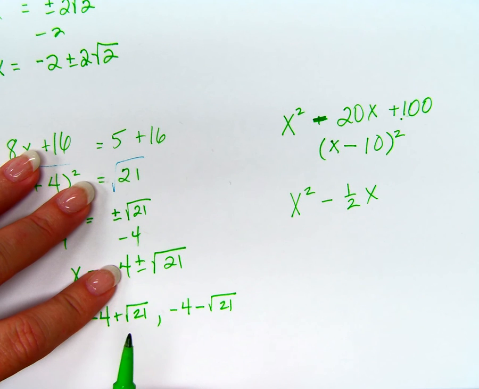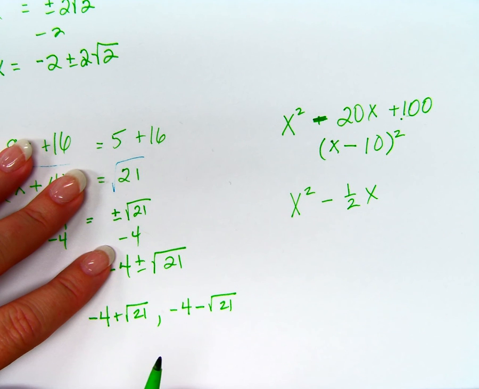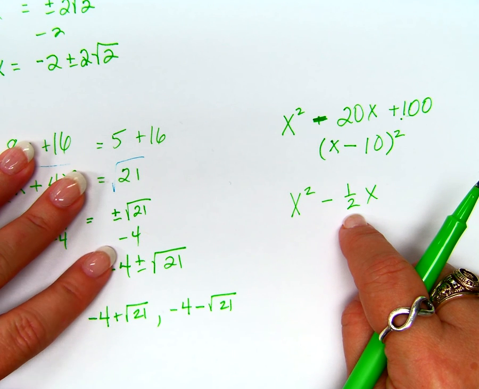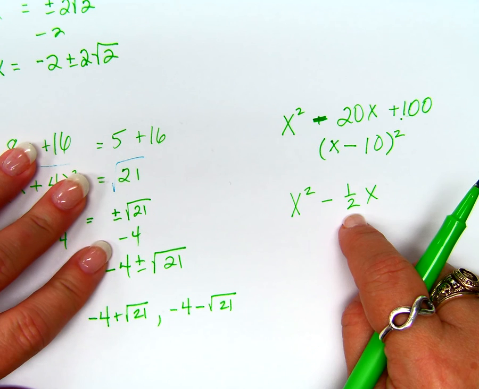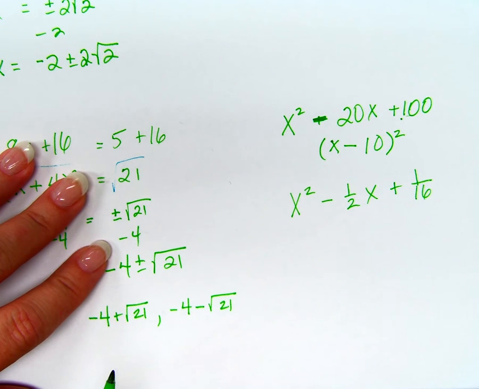What about this one? Dividing by 2 is the same thing as multiplying by what? 1/2. So what's 1/2 times 1/2? 1/4, right? So what's 1/4 squared? Square the numerator, square the denominator. 1 over 16.